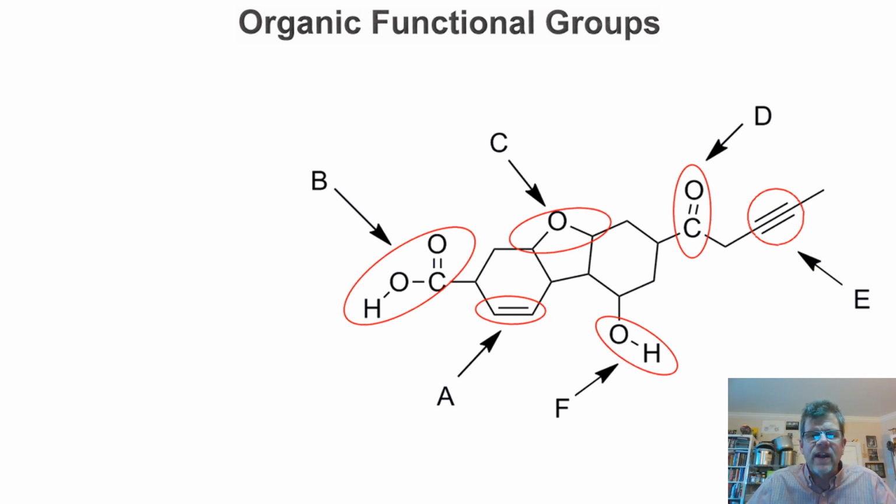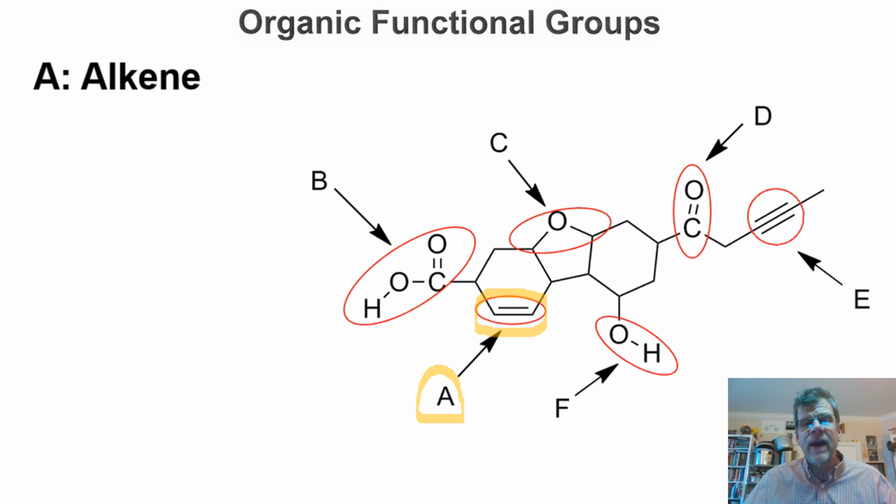So for instance, in this line structure, what is A? Well, A is a line structure, and each of those bends is a carbon, so that's a carbon-carbon double bond. That is, by definition, an alkene. So we would recognize that as an alkene.